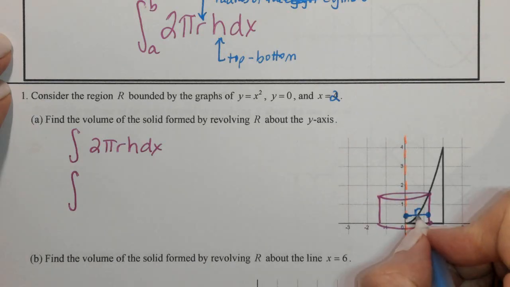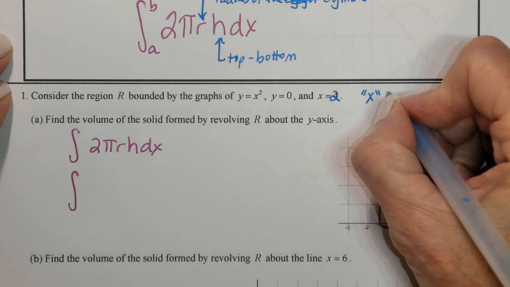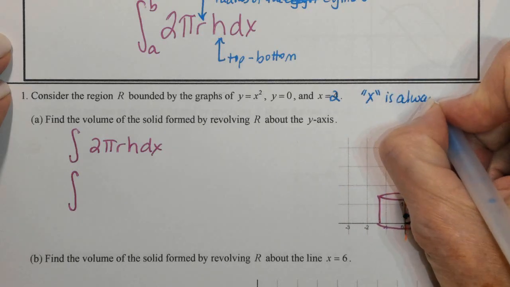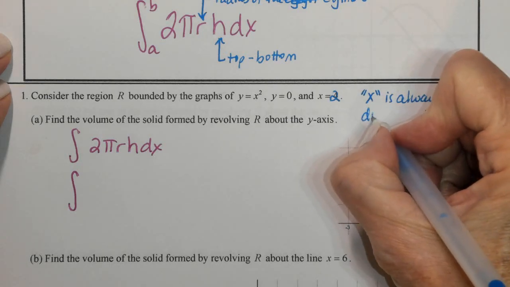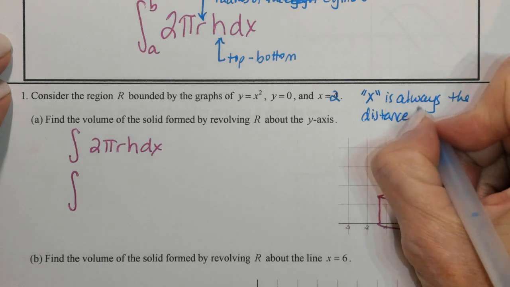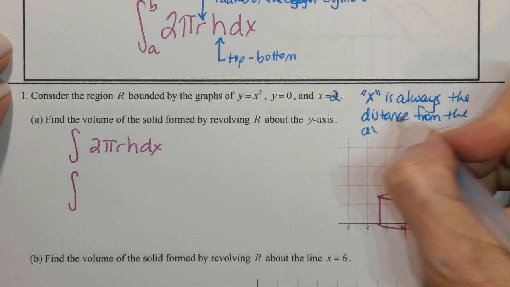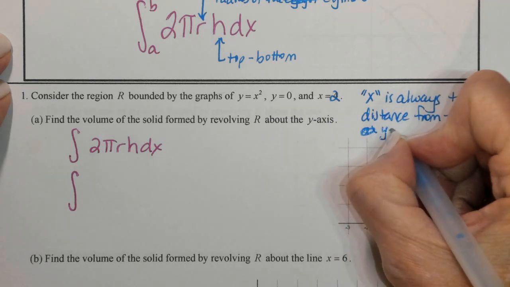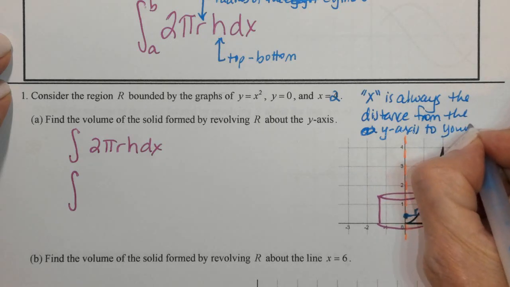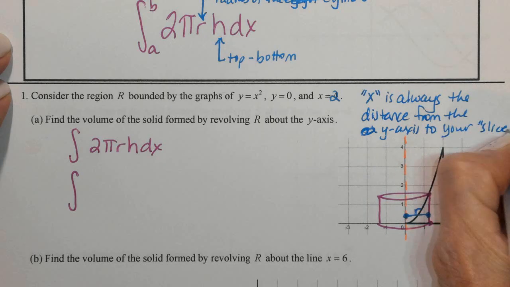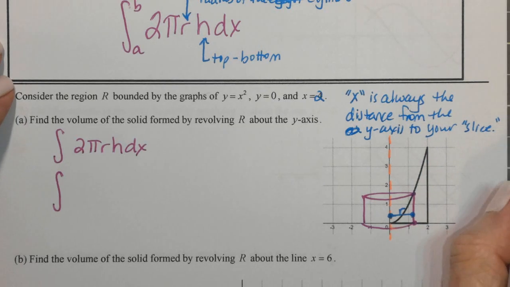The key to knowing what R is, is knowing what X is. X is always the distance from the y-axis to your slice. And when I say slice, I mean your top minus bottom slice in the region. Okay?